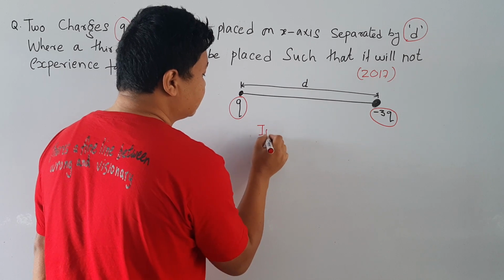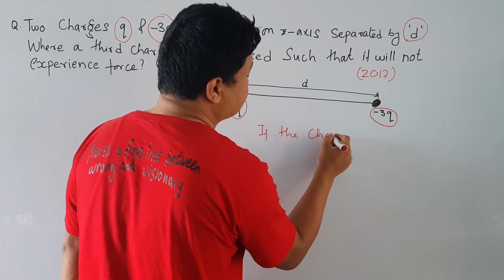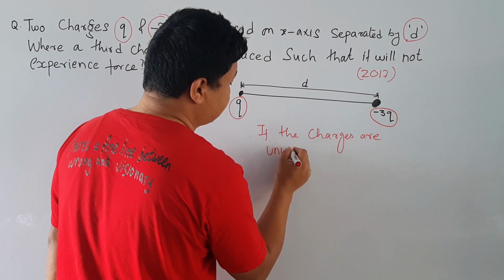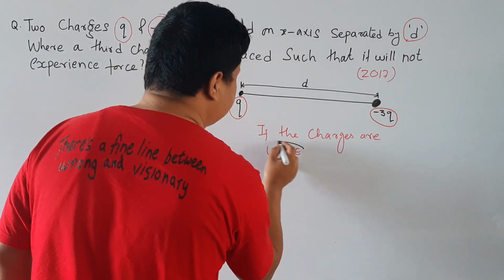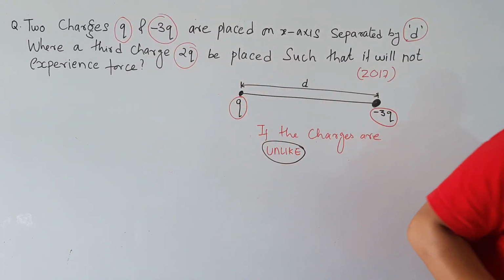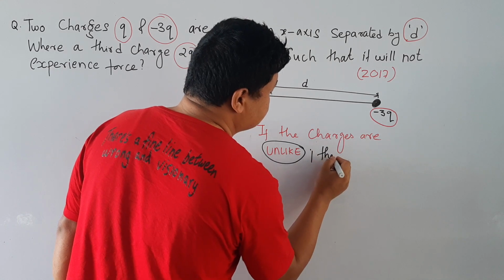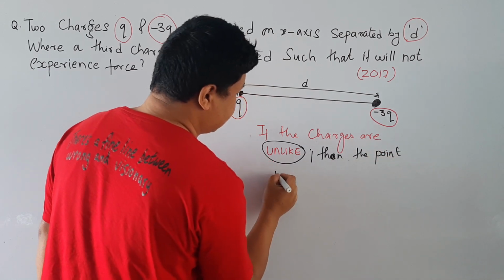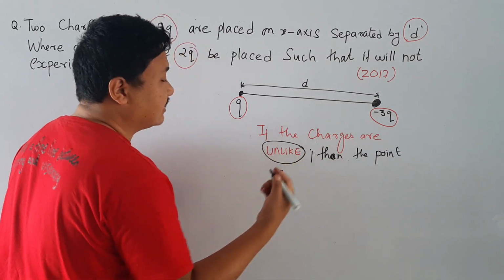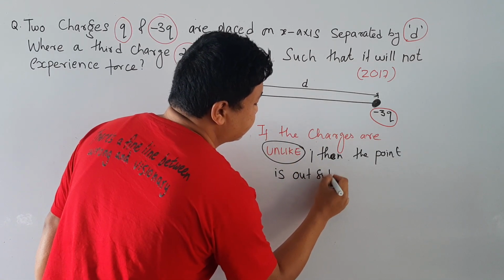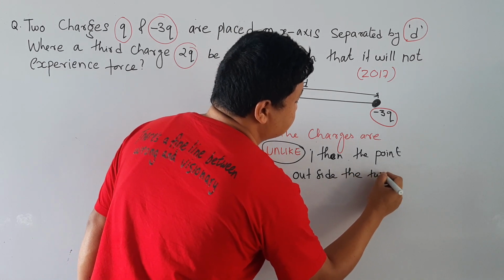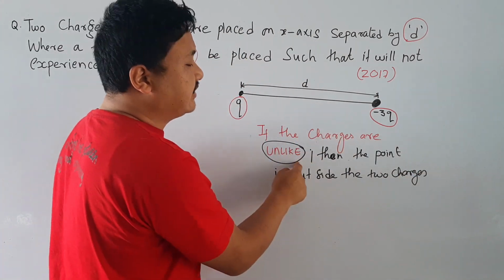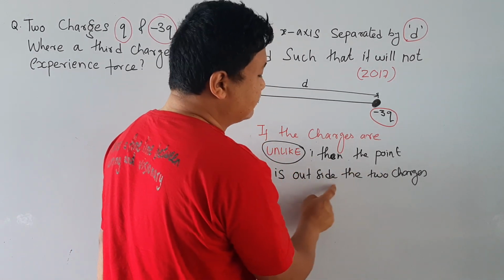Just write, please remember: if the charges are unlike, then the point is outside the two charges.